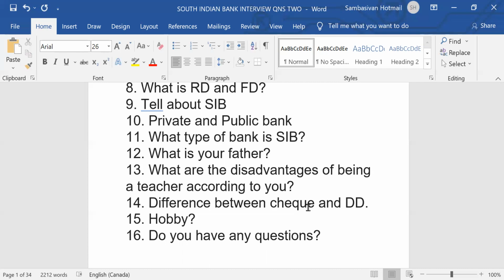A DD will not be returned unpaid for want of funds. A check can be returned for want of funds. So these are the points you can tell about check and demand draft. A check is signed by the customer of the bank. A demand draft is signed by the officer of the bank.